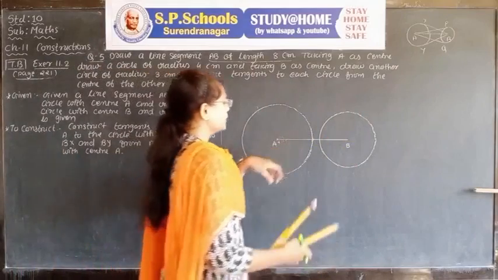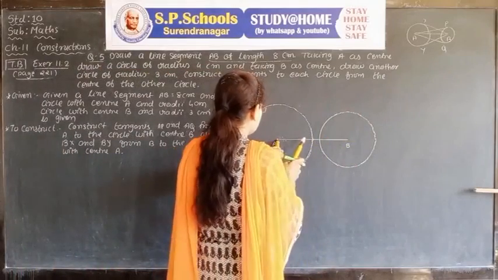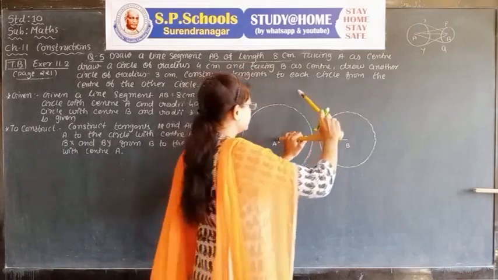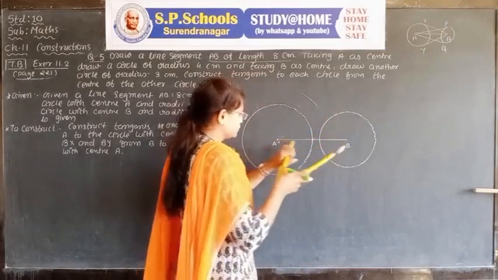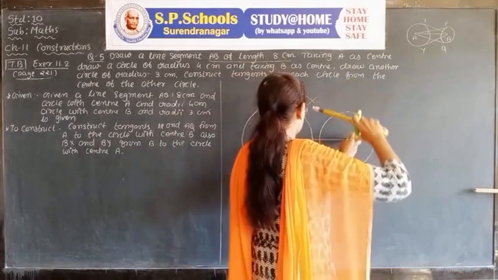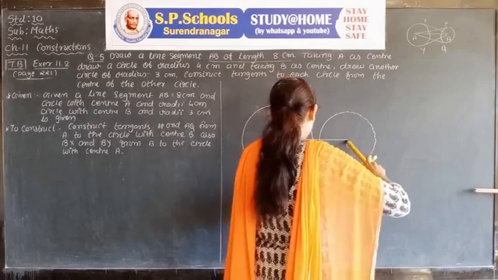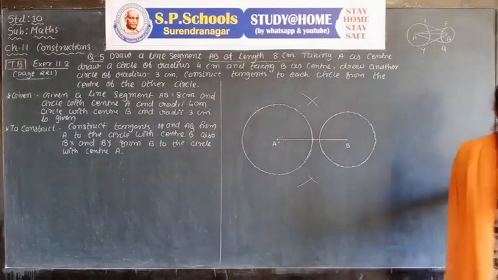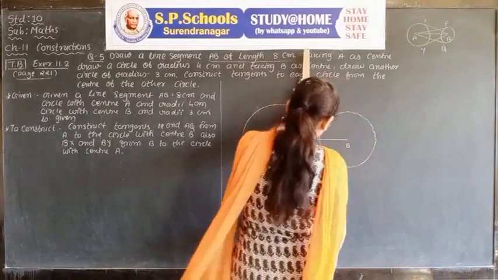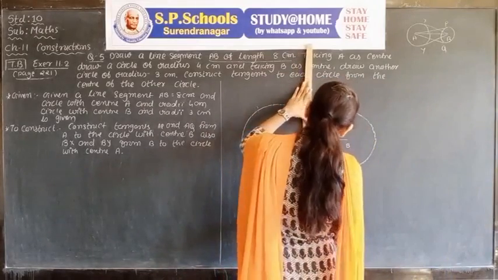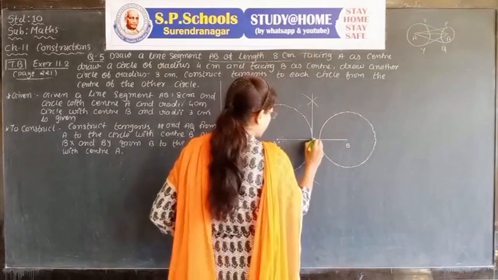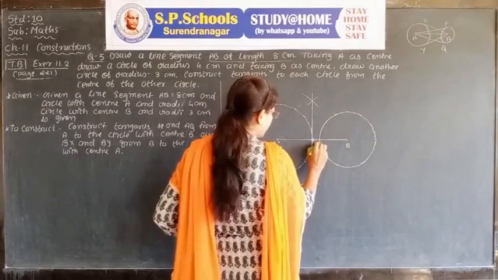Now draw the perpendicular bisector of AB. Take a radius more than half of AB. As we know how to draw the perpendicular bisector of any line segment, join the two intersecting arcs, which intersect AB at point M.